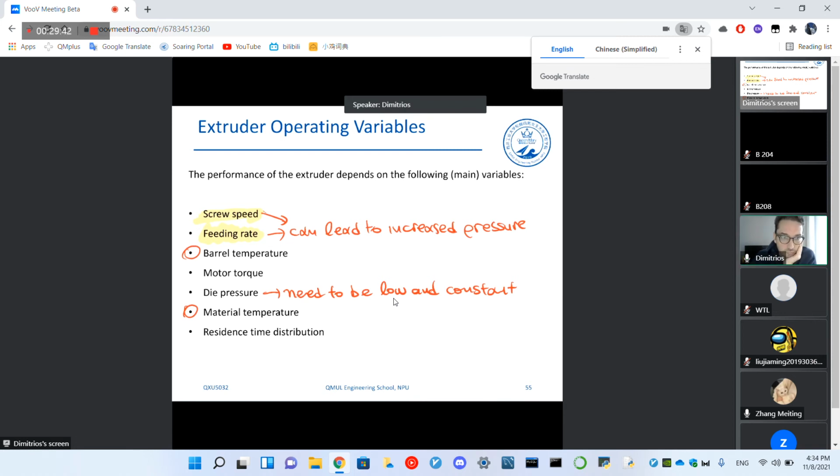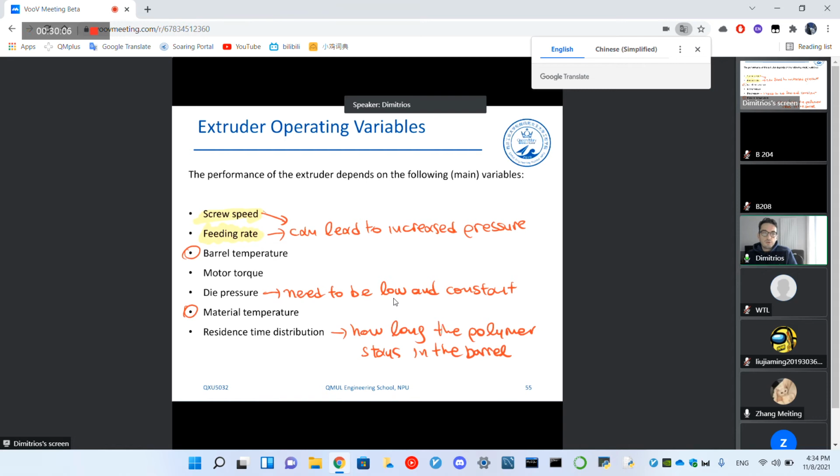And finally, the residence time distribution, we already spoke about that, is how long the polymer stays in the barrel. And in order to control that, we control the screws, okay?